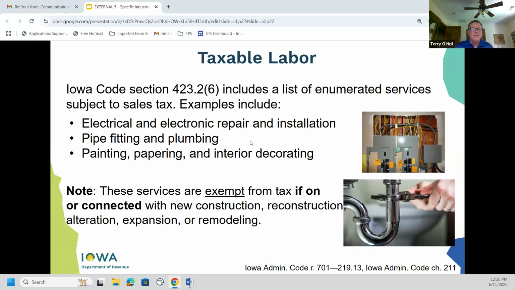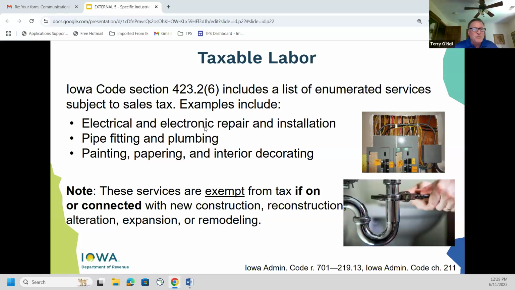One thing I want to clarify for you, though: while these are examples of taxable services related to the construction industry, they are exempt if these services are performed on or connected with new construction, reconstruction, alteration, expansion, or remodeling. Just to give you a quick example of this, if we were going to build a brand new house, new construction, no question there, and the electrician is going to come in and wire up your brand new house.